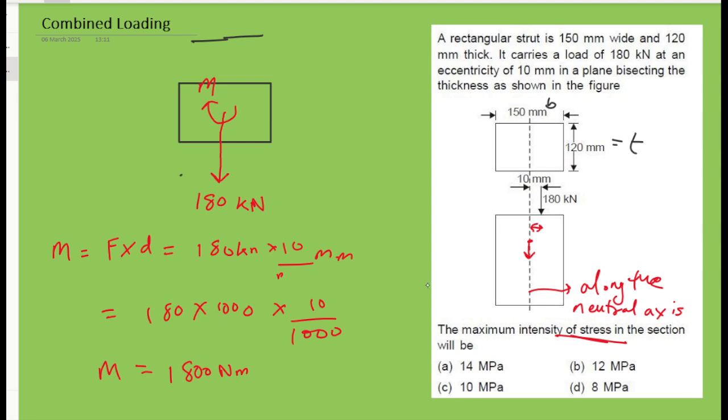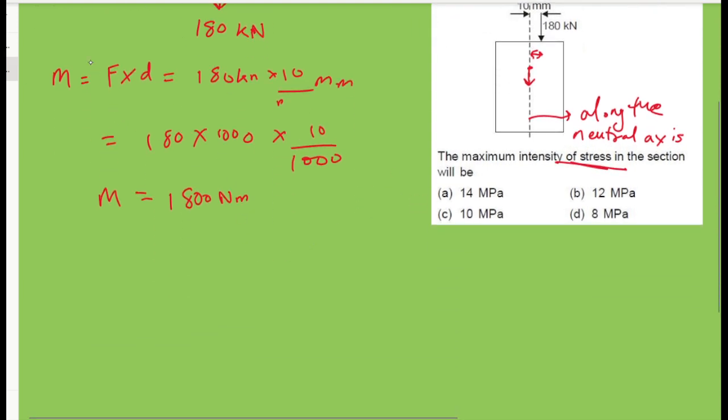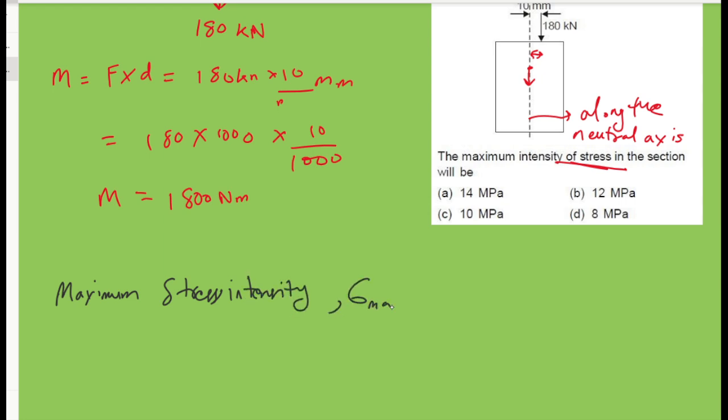We need to find the stress acting at the section. So the maximum intensity of stress, that is sigma max, will be the summation of the bending stress and the force acting, that is the normal stress acting, which we can call the compressive stress.